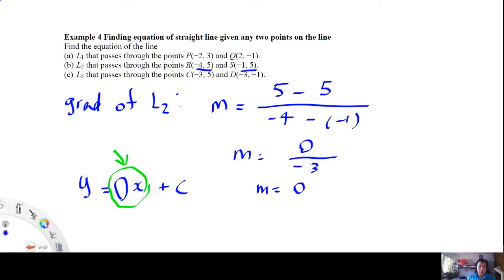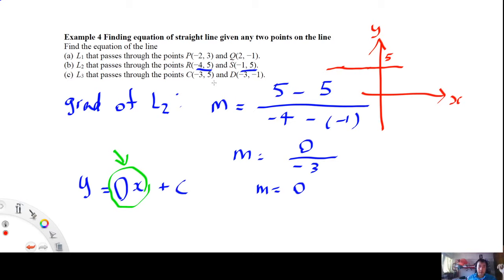So I have been bamboozled, but it's still possible, because it's just the equation of a horizontal line. For B, if I've got the points minus 4, 5 and minus 1, 5, then it's a horizontal line that just cuts the y-axis at 5.